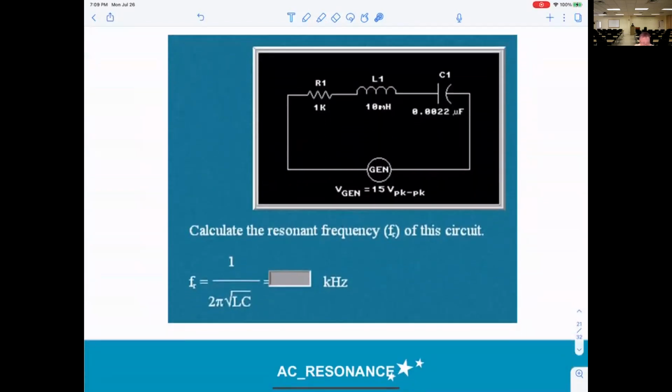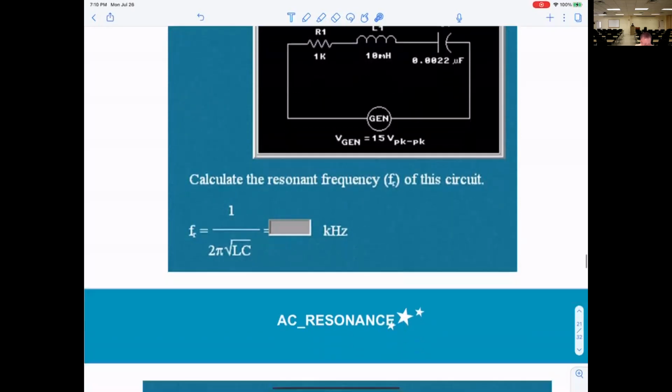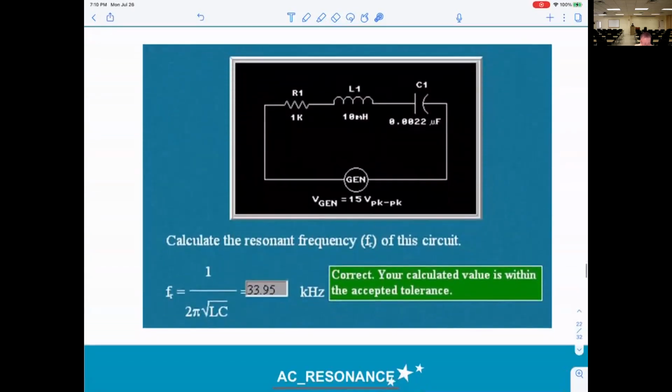Okay, they want you to do calculation, but I don't need it for now. Okay, and when you do your level, then that's what you need to do. Okay, if you go through everything here, when you're working on AC2 circuitry on the level, then you can get it done quickly. That answer will be 33.95 kilohertz.